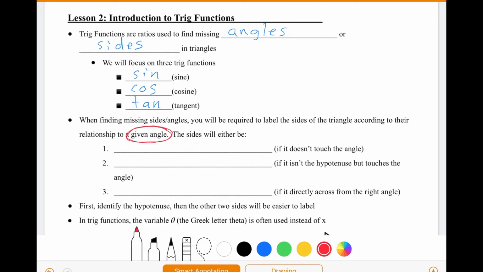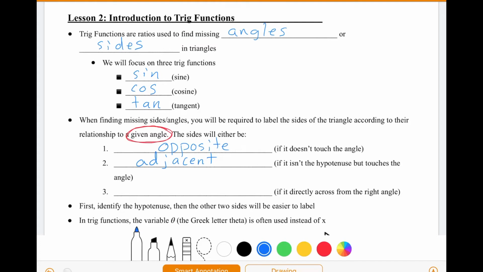So whether the side is opposite of the angle given, meaning it does not touch it, adjacent to the angle, meaning it touches the angle that was given, but it is not the hypotenuse.